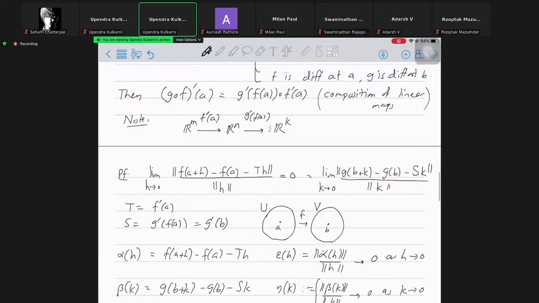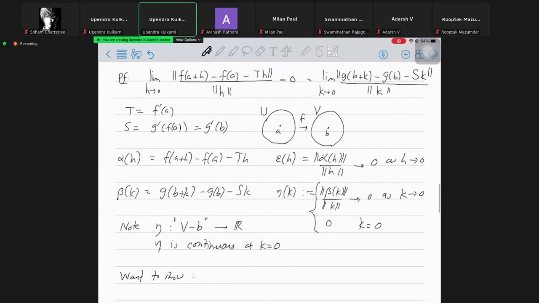I want to show that the derivative is the composition of the two linear operators T and S. So this is T and this is S. So what I need to show is that the limit as h approaches 0 of f composed with g of a plus h, minus f composed with g of a, minus S of T of h, all of that divided by h, of course I take the norm, is equal to 0.